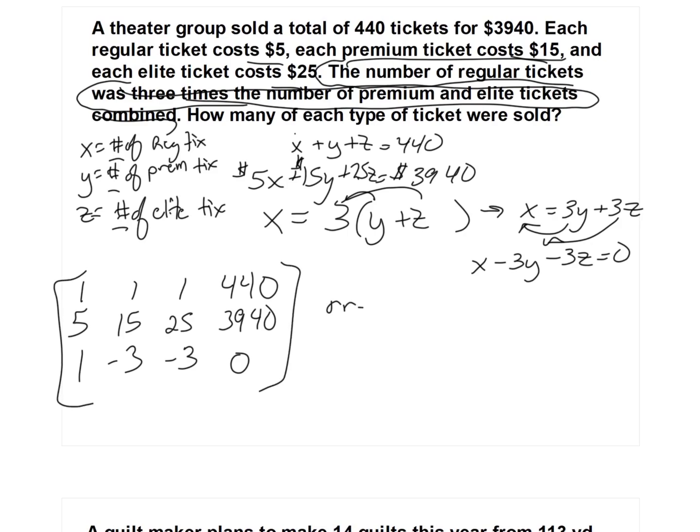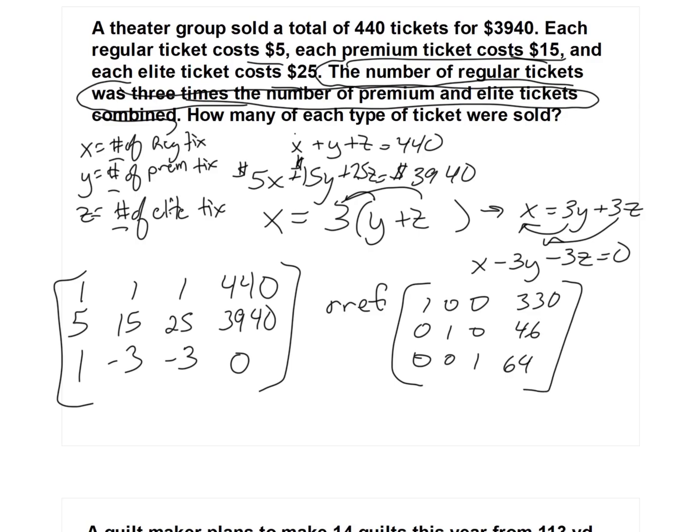Run that through the row reduced echelon form. And I've already done this one before, so I'm going real quick because of that fact. I'm just using my graphing calculator, and it tells me that the number of regular tickets is 330.